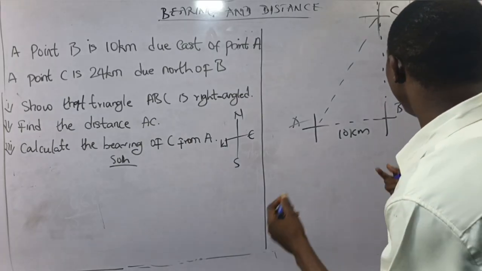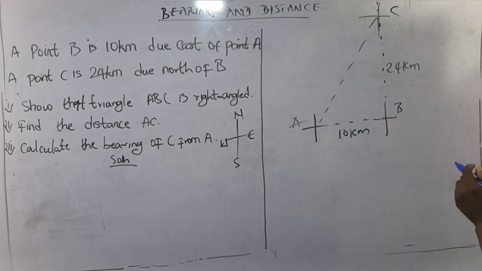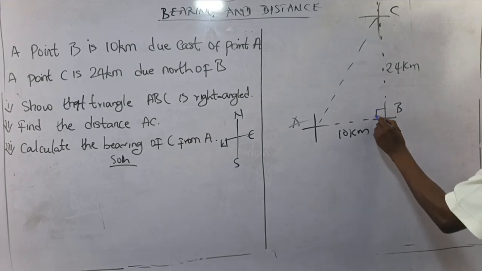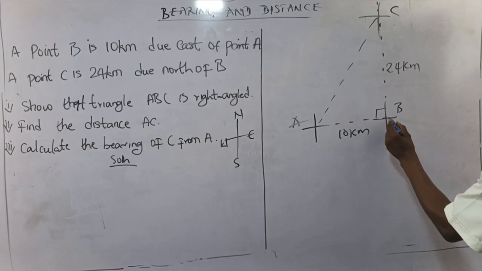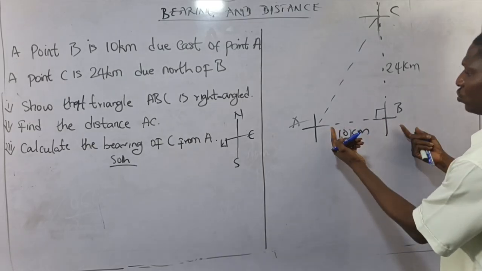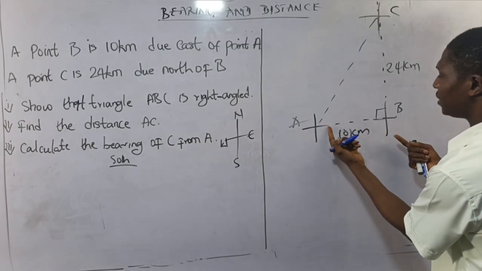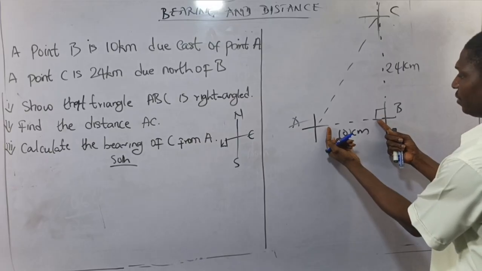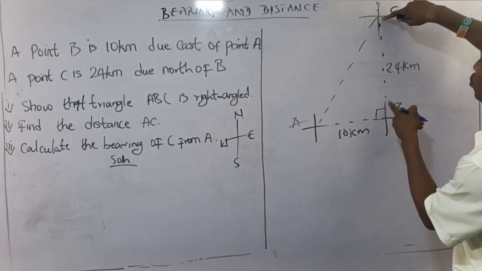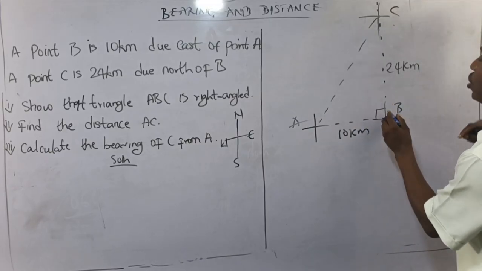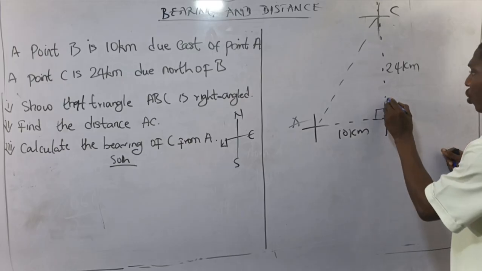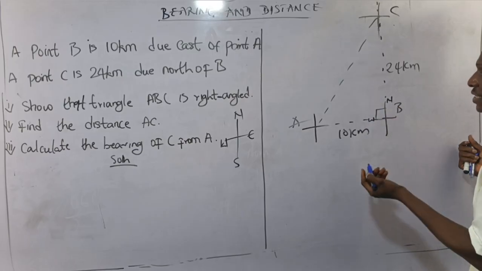Now, you agree with me that the angle is a right angle at B. Why? This is a perfect line between east and west, and this is a perfect line between north and south, meeting. So the angle between north and east is 90 degrees.